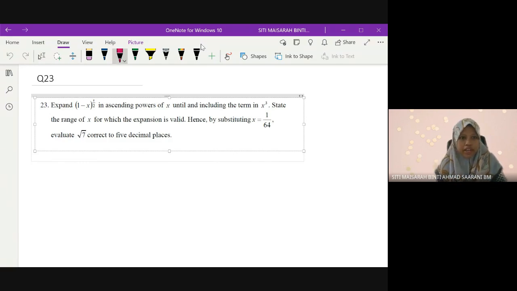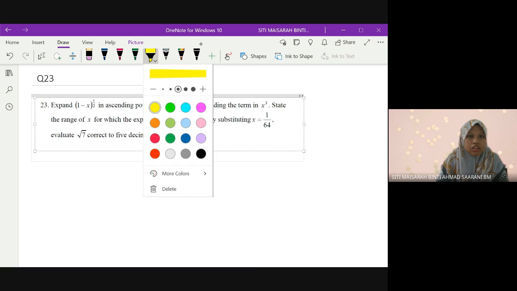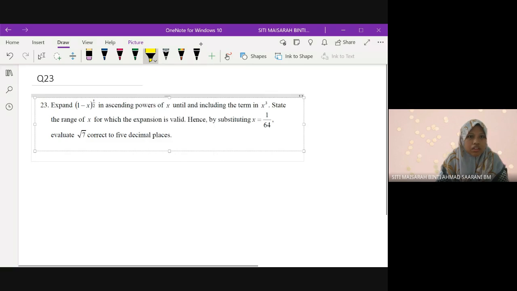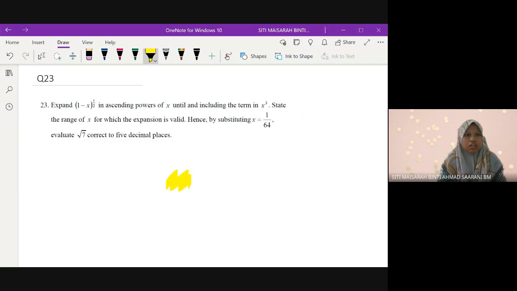State the range of x. And then by substituting x equals 1/64, evaluate square root of 7, correct to 5 decimal places. The question is the same.